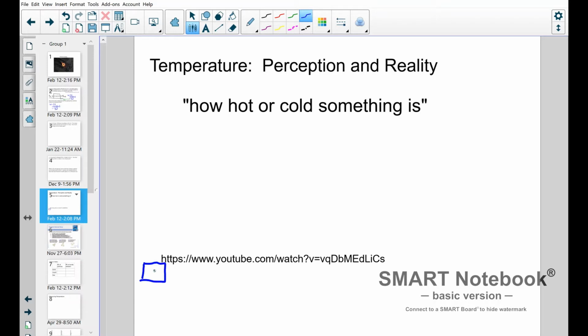What we need from a scientific perspective is one that's based on a physical property and not a sensation. So some of this might be familiar from grade 8, but how we define temperature in a scientific sense is the average kinetic energy of the particles in the substance.